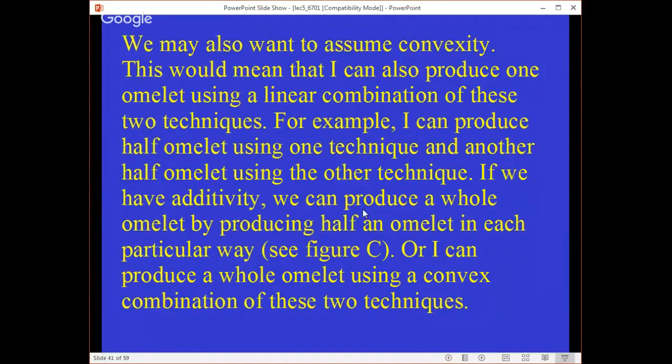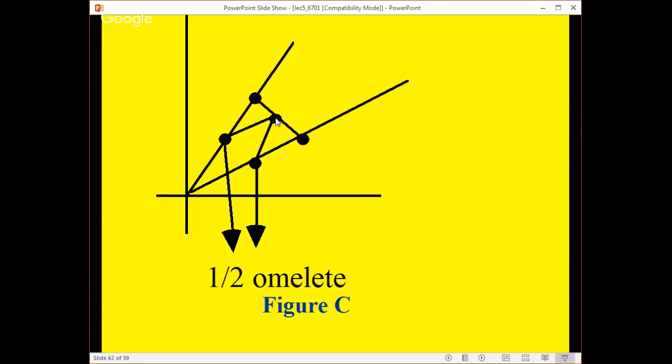I can produce one omelet producing half an omelet one way, half an omelet another way. Or I can produce a whole omelet using a convex combination of the two techniques. In other words, I draw a straight line between them and I produce one omelet. Or I can produce half and half, right? And both give me the same results. That's one omelet.